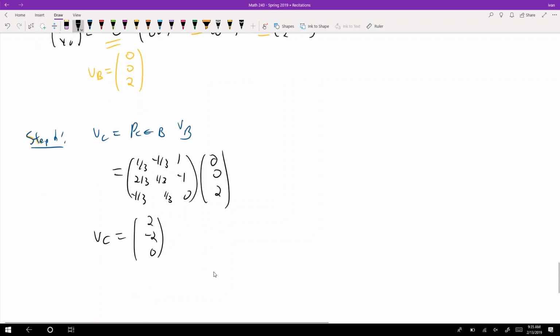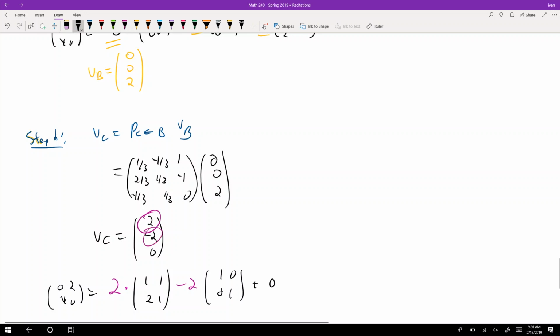So what does this mean? It means that 0, 2, 4, 0 is equal to 2 times the first basis element of C, which was 1, 1, 2, 1, minus 2 times the second element, which is 1, 0, 0, 1, and then plus 0 times this last element, 1, 1, 2, 3.